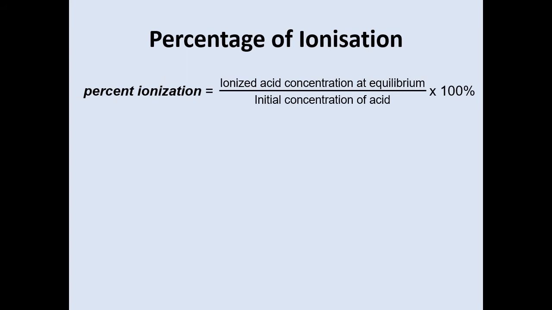So for the previous example, 4.1 times 10 negative third over 0.1, because we started with 0.1 formic acid solution, times 100%. This will be the percent ionization of formic acid for that solution.